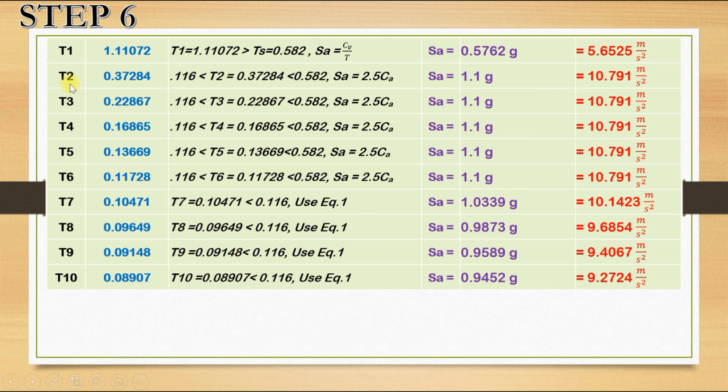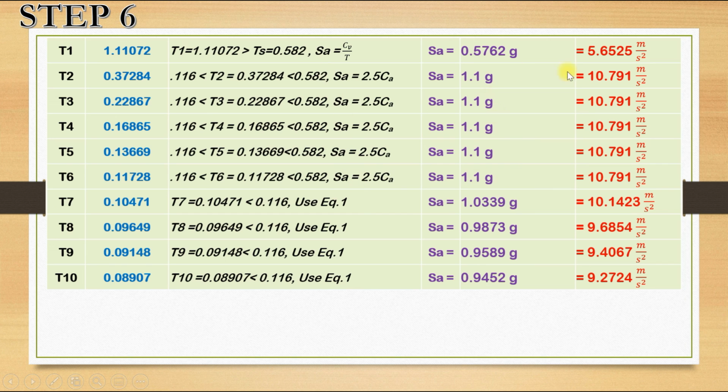Dito naman sa T2, mapapansin natin hanggang sa T6, so yung T2 and T6 natin ay pareho lang din na less than T2, less than TS. So ito na, pareho lang din yan sila. So ang gagamitin natin na formula ay SA is equal to 2.5 CA. So pareho lang din yan sila.